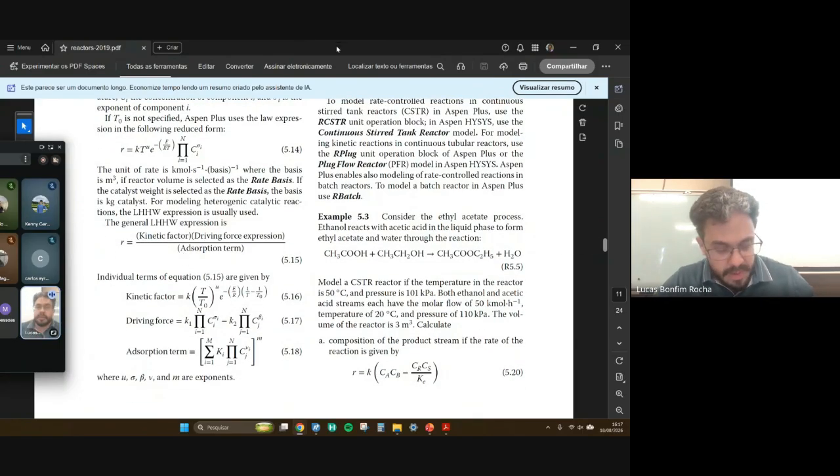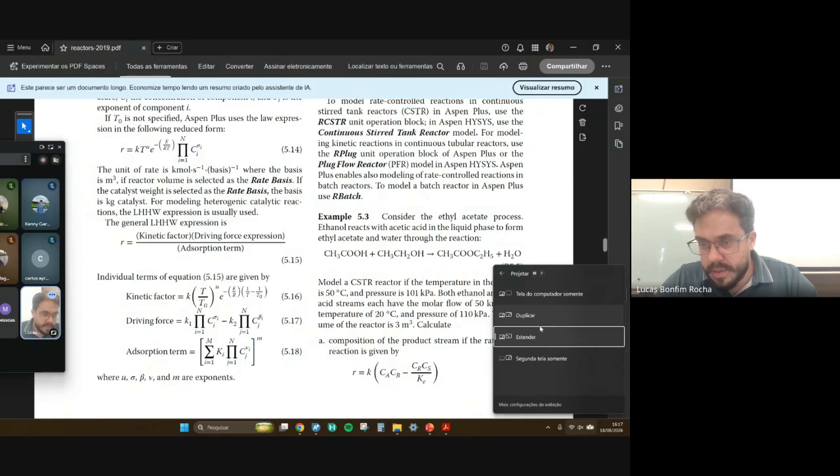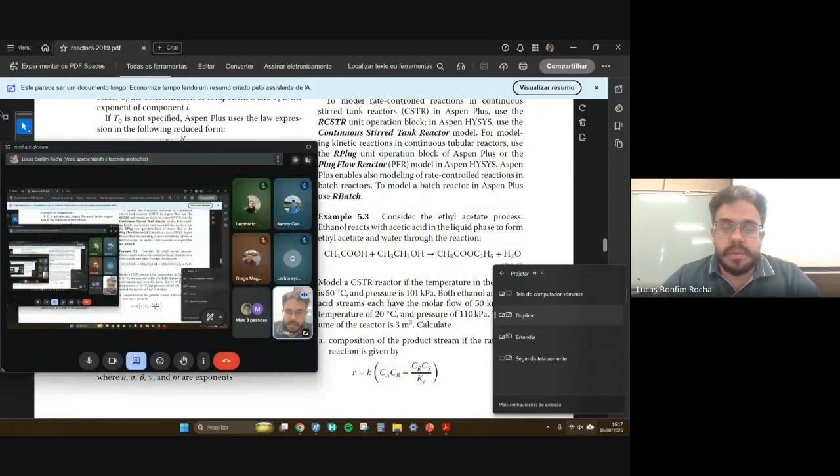In this file, we have the general formula of kinetics for models considering Langmuir-Hinshelwood-Hougen-Watson.